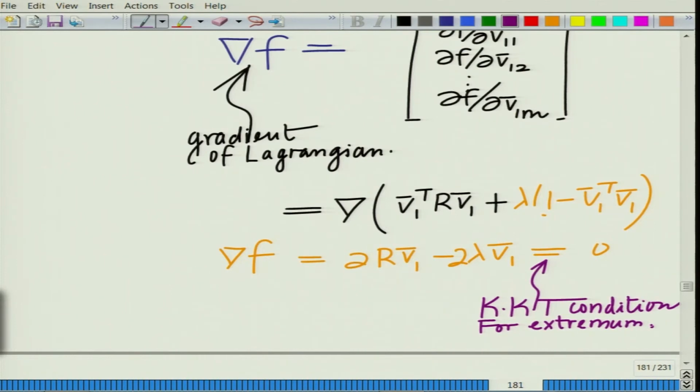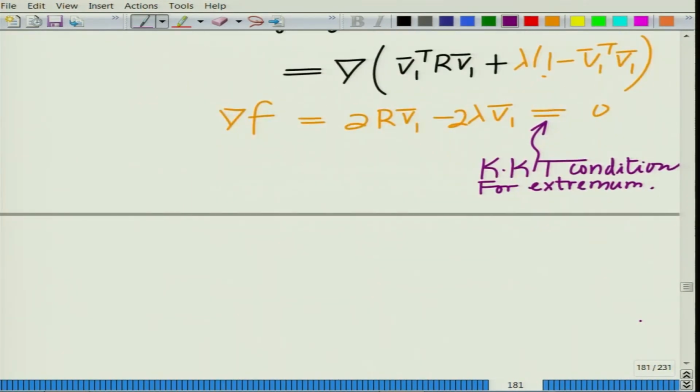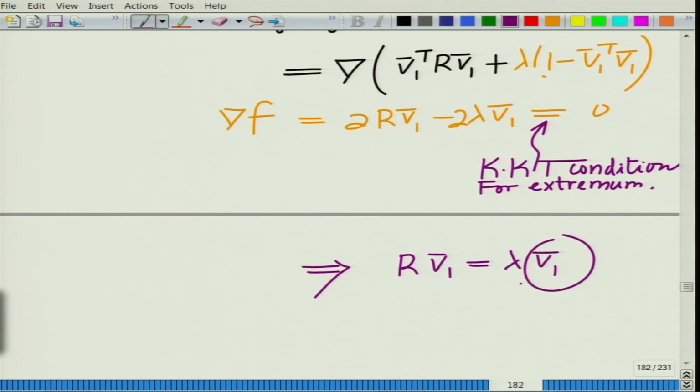Of course, you can show that this will have a maximum, and therefore what this implies is that R V1 bar equal to lambda V1 bar. If you can see, this is nothing but exactly the definition of an eigenvalue, that is, R V1 bar equal to lambda times V1 bar. So, V1 bar is an eigenvector of R corresponding to the eigenvalue lambda.